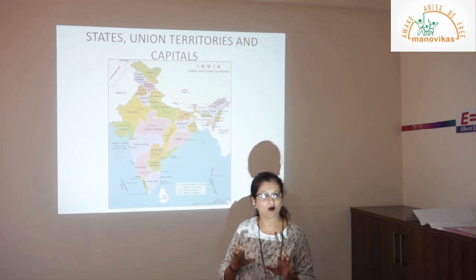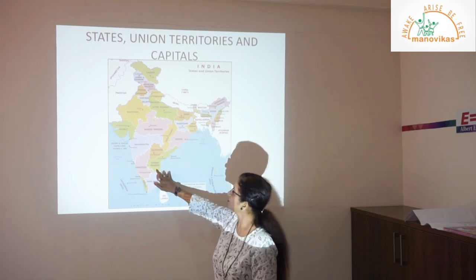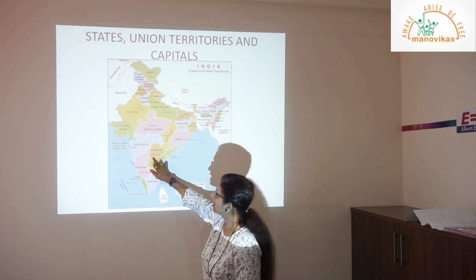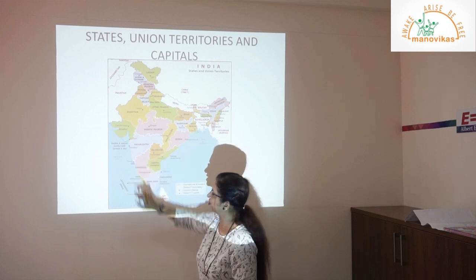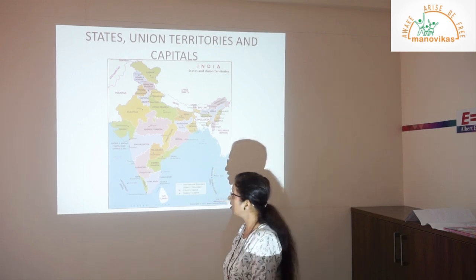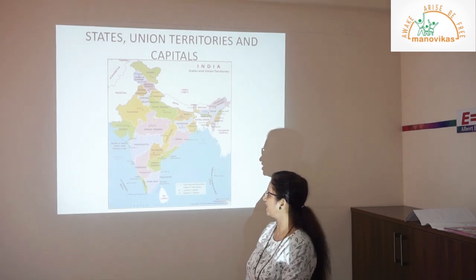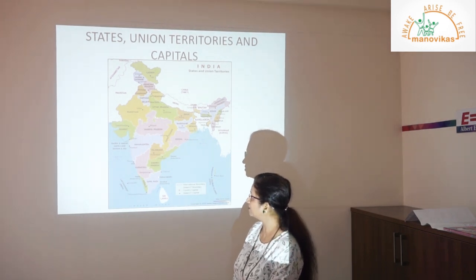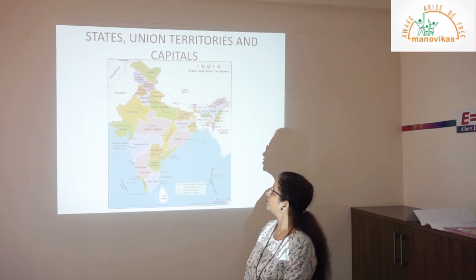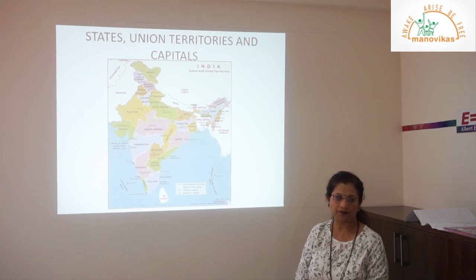It is still on hold, but the capital is Amravati, and Telangana, the capital is Hyderabad. Next we come to our small state Goa, Panaji, Karnataka, Bengaluru, Tamil Nadu, Chennai, Kerala, Thiruvananthapuram. So these are the 28 states of India.